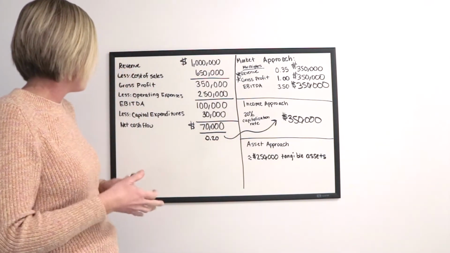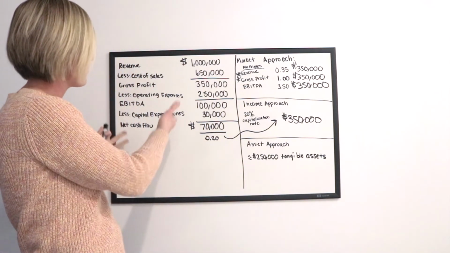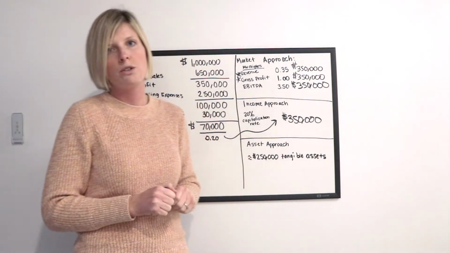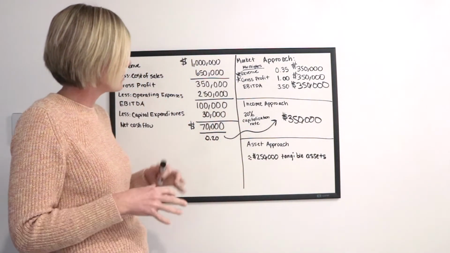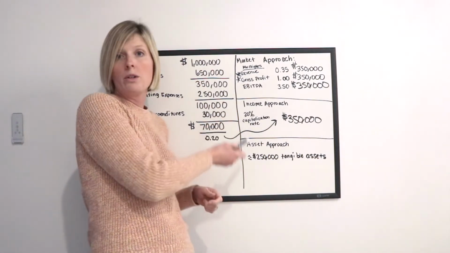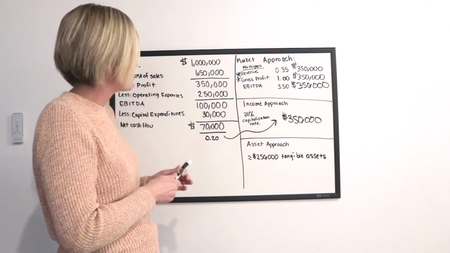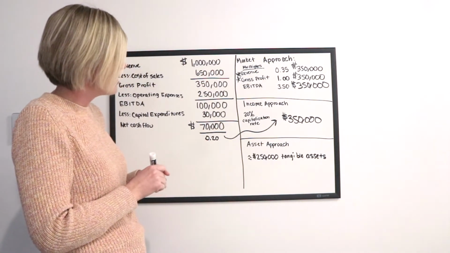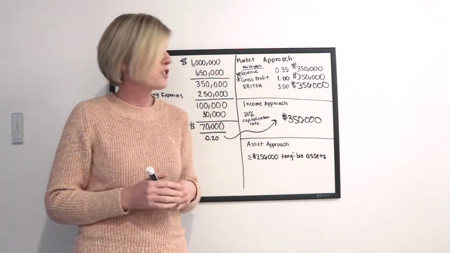If you don't feed in the income tax in these numbers, you're going to have to fit that into your capitalization rate. So there's a lot of different factors that could make this rate go up or go down. In our case, we're just going to stick with a 20% capitalization rate for this simple illustration.